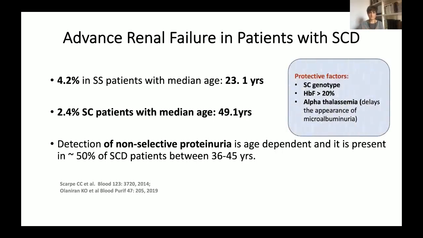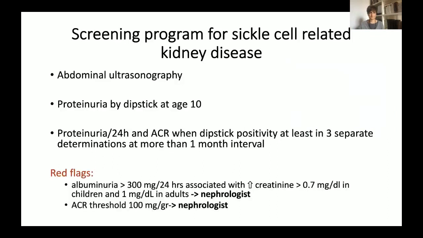As I mentioned, protective factors may include the SC genotype, fetal hemoglobin higher than 20%, and alpha thalassemia, which seems to delay the appearance of microalbuminuria.